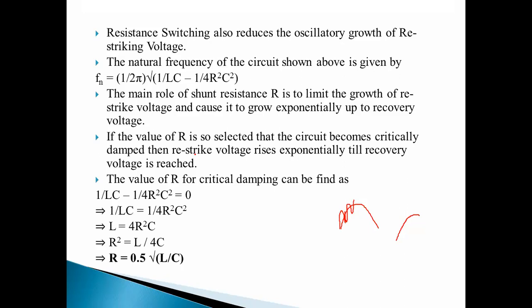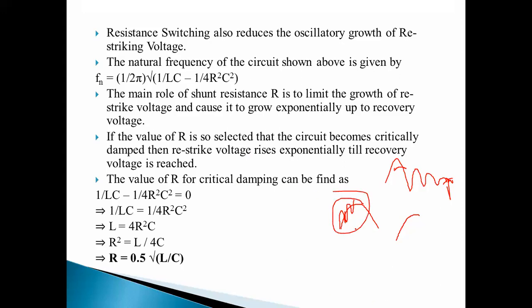Then restriking voltage rises exponentially till recovery voltage is reached. क्रिटिकली डॅम्पिंग मध्ये काय होतं? सगळे ट्रान्झिएंट्स कमी झालेले असतात. ट्रान्झिएंट्स असताना असं असतंय, आणि क्रिटिकली डॅम्पिंगच्या वेळी this is your critically damped condition, means all these transients are removed there.